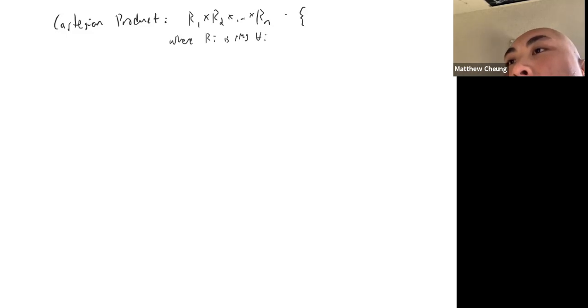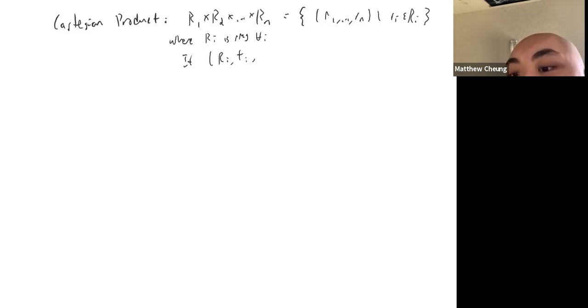So as a set, this is the set of tuples (r1, ..., rn), where r1 belongs to capital R1 and r2 belongs to capital R2. As a set, hopefully you know what a product is. But if each of these Ri is a ring, with plus sub i and dot sub i, because the operations might be different for each ring, then this becomes a ring.